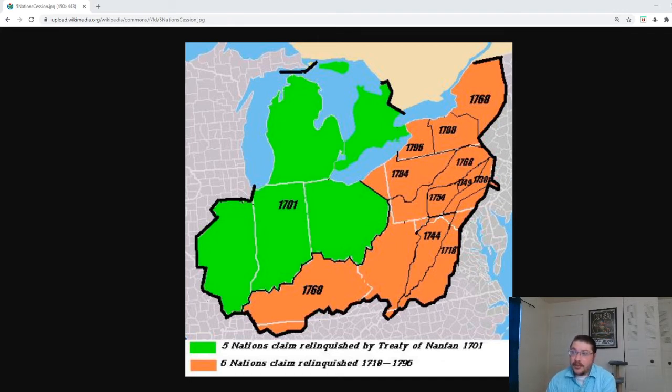Now, there's conflicting reports of exactly how long the Confederation lasted, but the earliest people can find was in the 1400s, so before Columbus even showed up, though you could maybe make an argument that each member nation, such as the Onondaga, Mohawk, had lived in these areas since, in their words, time immemorial, for as long as the sun has risen and the moon, you know, stuff like that.